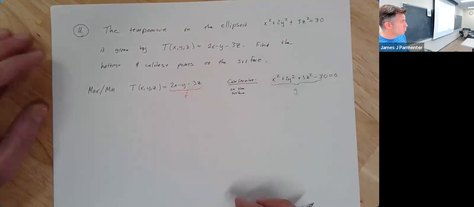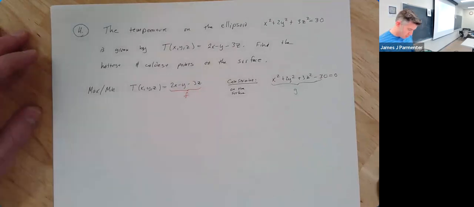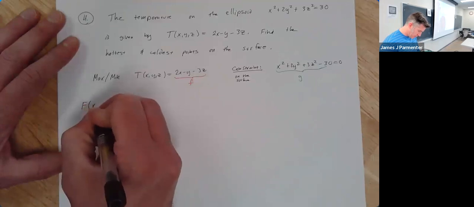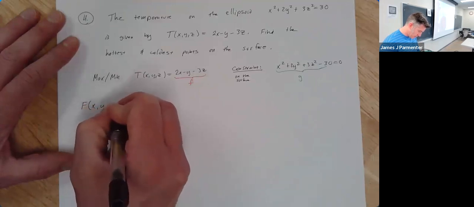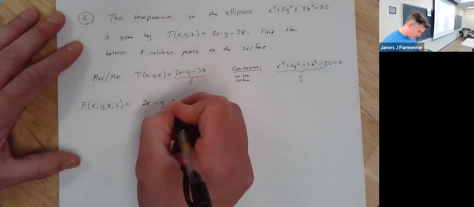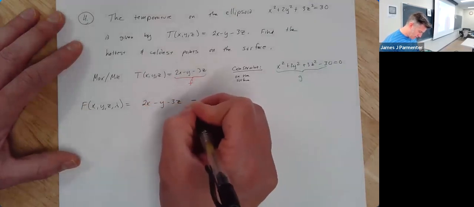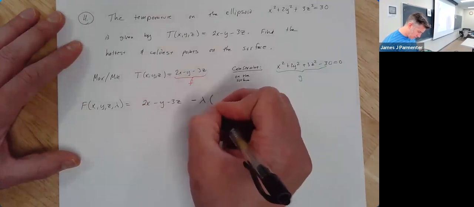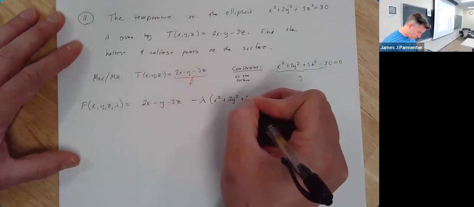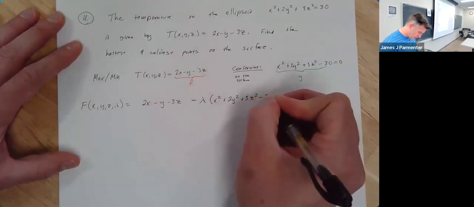And we do the usual thing. So we're going to write capital F of x, y, z, lambda is equal to 2x minus y minus 3z minus lambda times (x squared plus 2y squared plus 3z squared minus 30).